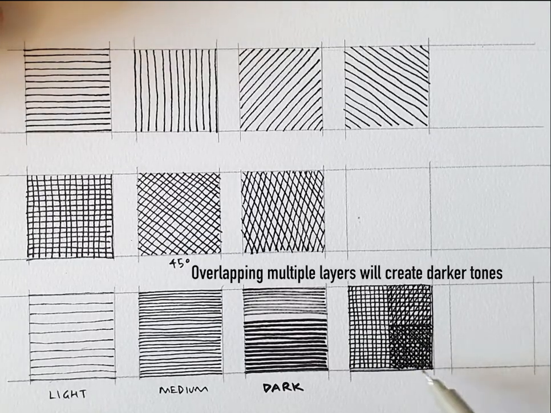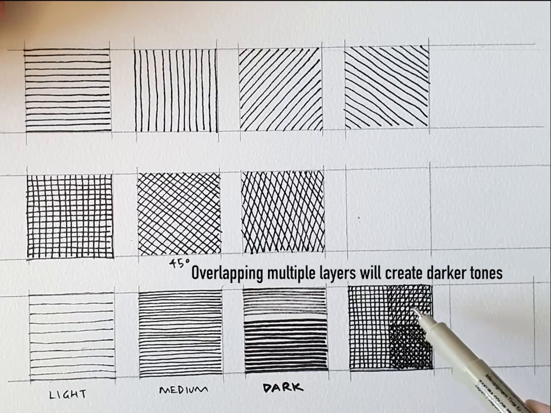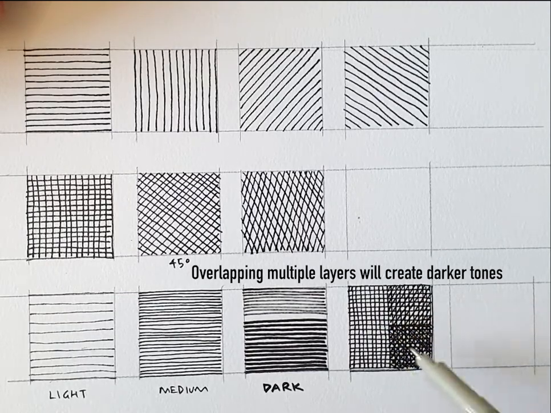Okay, so this is an even darker tone than this one. So by varying the spacing, the pen thickness, as well as the number of layers, you can see that there's a range of tones you can achieve.